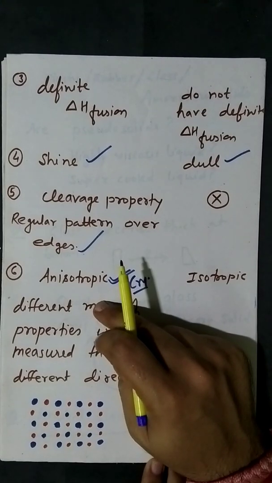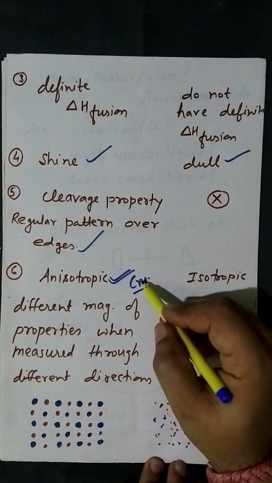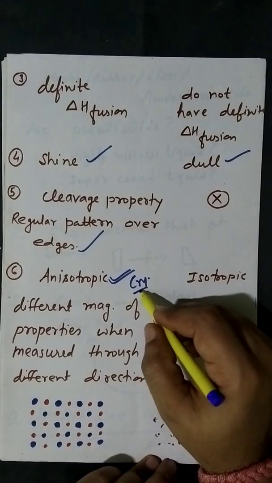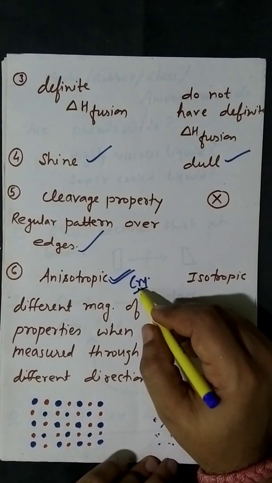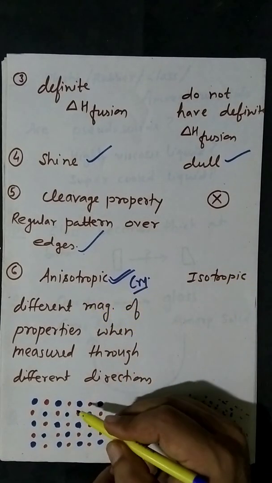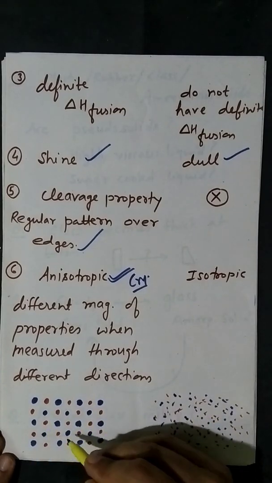I repeat, if you measure certain physical properties through different directions or planes in crystalline solids, they have different magnitudes. For example, density and refractive index will have different magnitudes here. The reason you can see here, this is a representation of a crystalline solid.